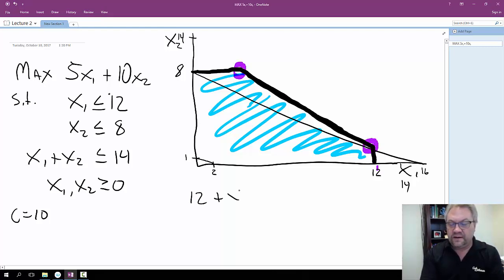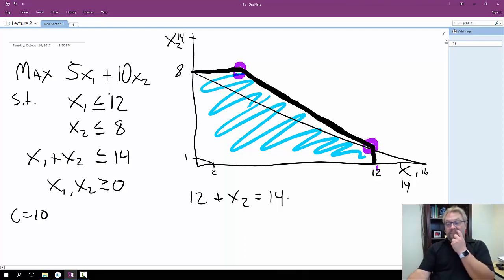12 plus x2 is equal to 14. Now, I know that I've gotten rid of the less than or equal to, and I've replaced that with equal to, but that is okay, because in this case, that's exactly right. I'm saying, you know, when does constraint 1 equal constraint 3?